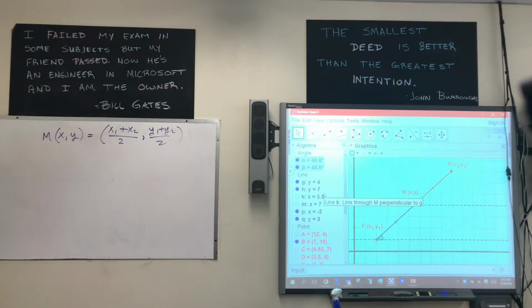Okay, so now, how many lines go through M that are going to be perpendicular to, let me just color this line. You guys see that green? How many lines go through M and are perpendicular to that green dotted line on the bottom?